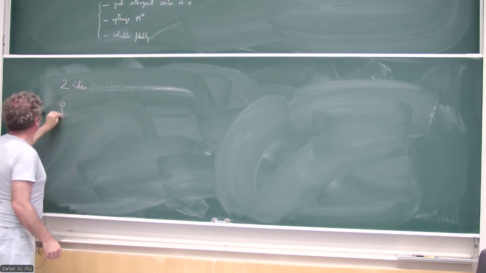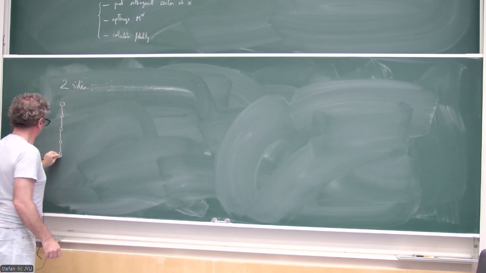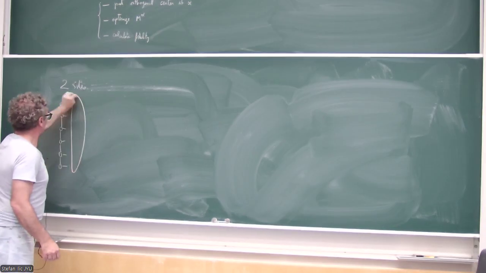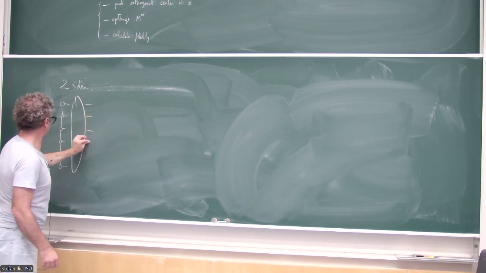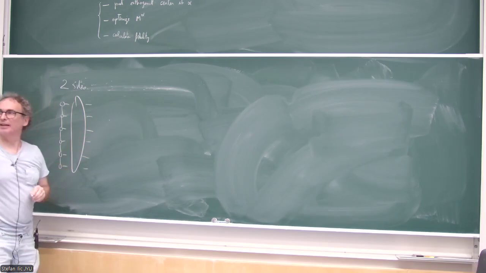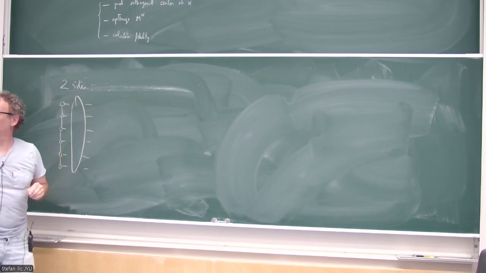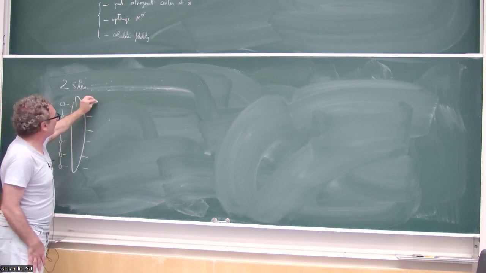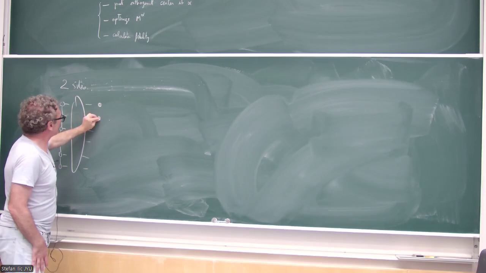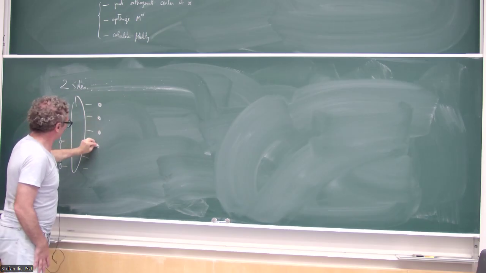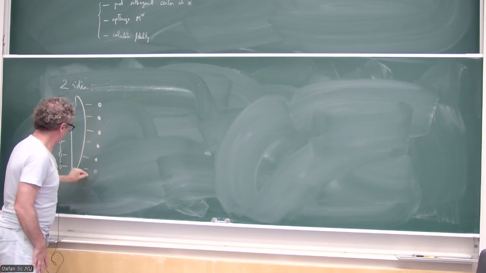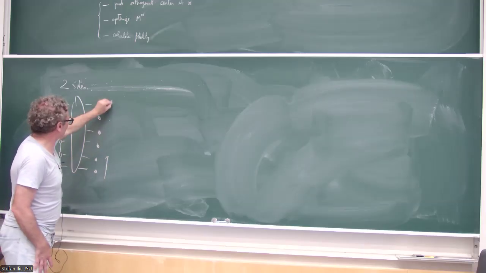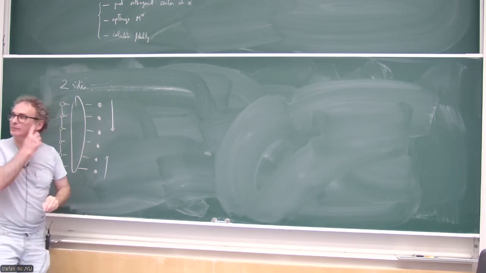Again, I have my initial MPS, some sort of quantum circuit. Getting easier by the hour. And then I want to optimize this thing. I put the canonical center, let's say here.